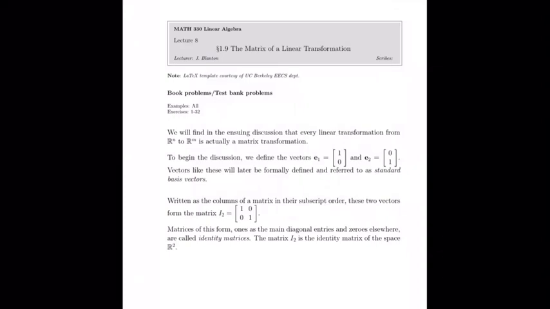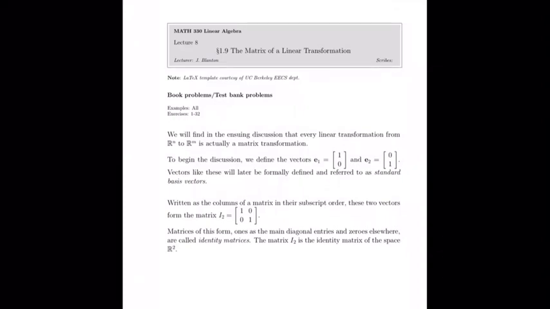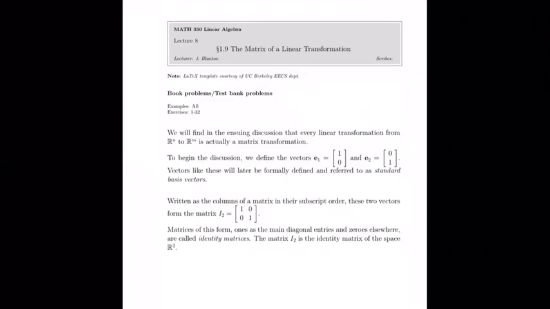But first things first, we've got this idea of standard basis vectors. If we're in the space R2, the set of all two-dimensional vectors, or vectors with two entries, then we define the standard basis vector E1 as 1, 0, and the standard basis vector E2 as 0, 1.